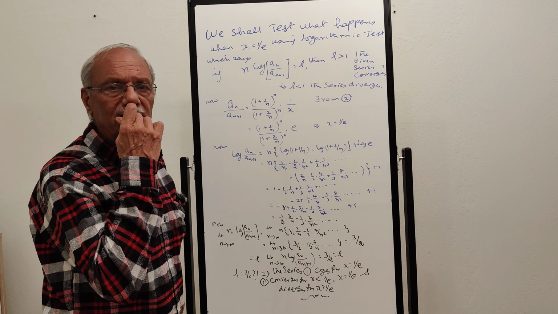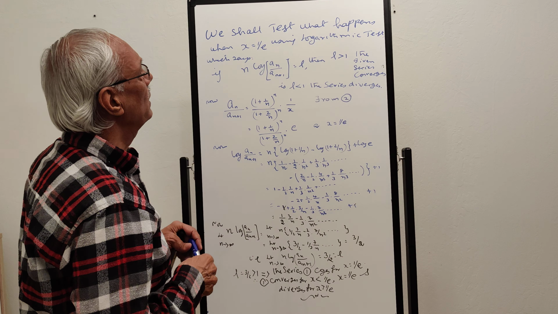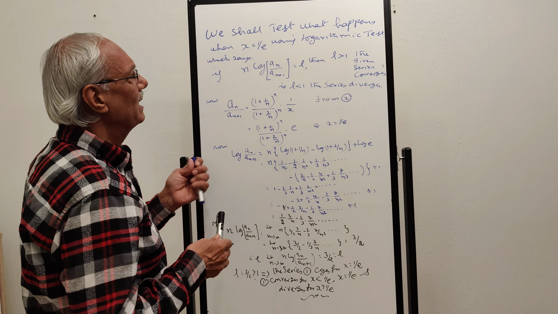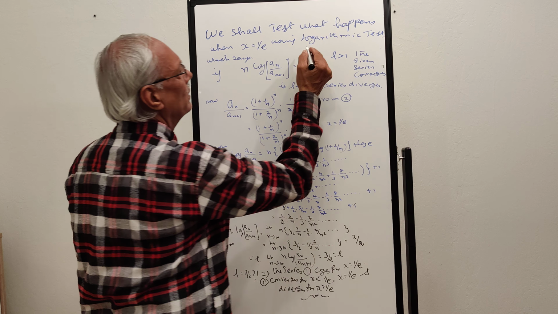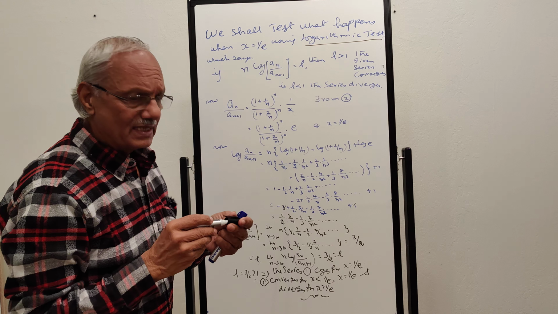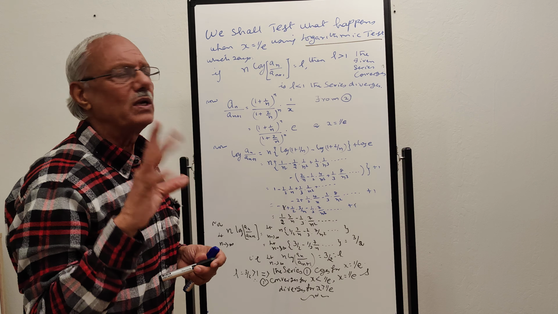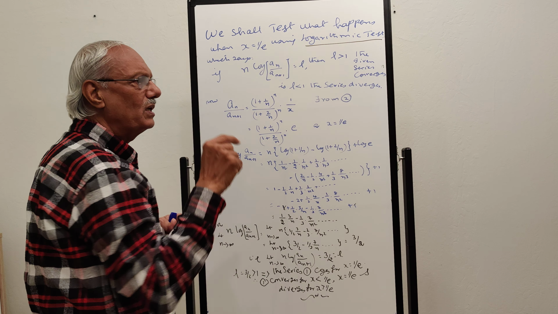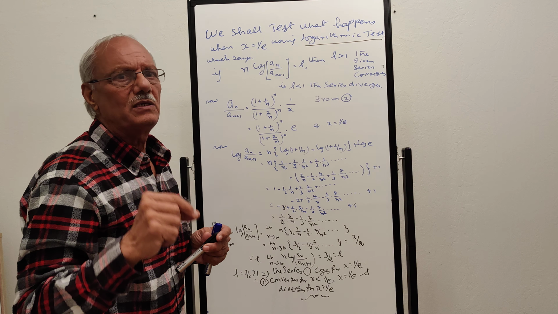See, what I am going to do is use what is called the logarithmic test. This is the logarithmic test for the series when x is equal to 1 by e. That is my question. So, what does this logarithmic test say?